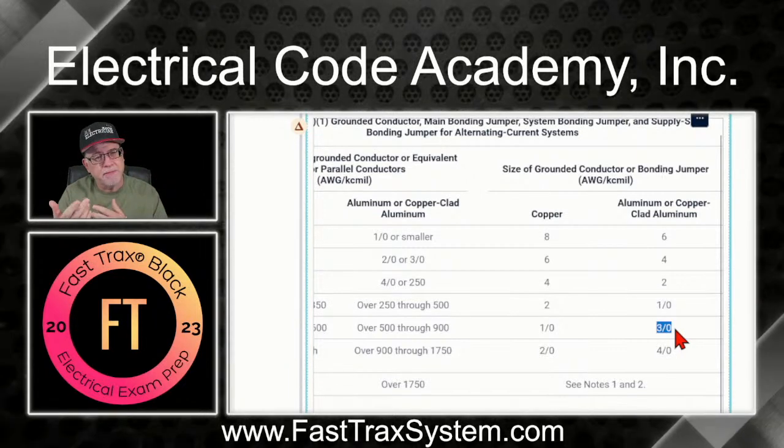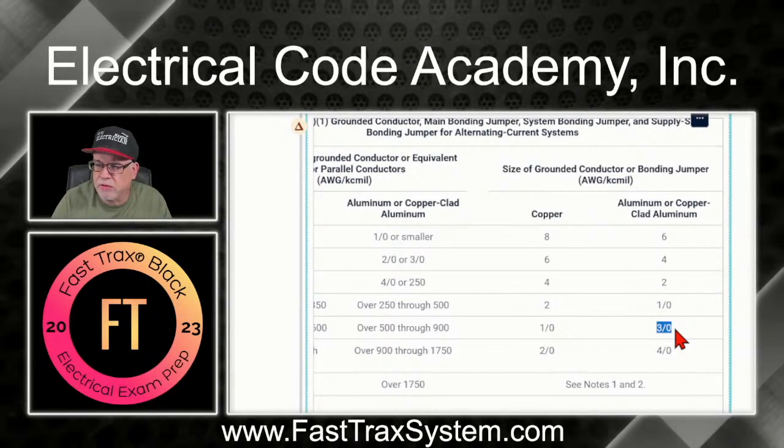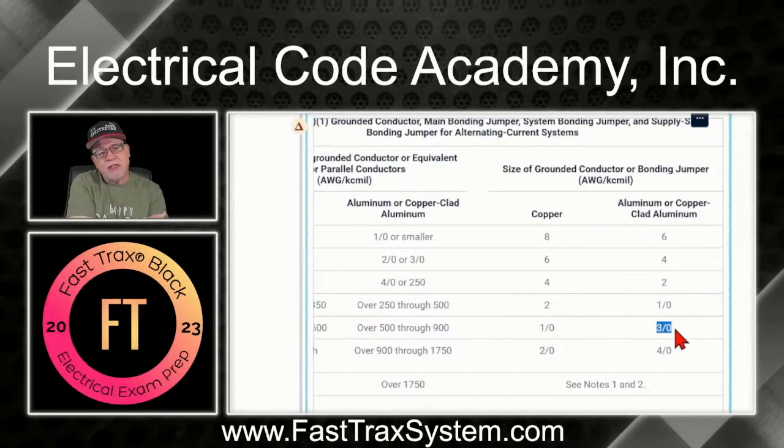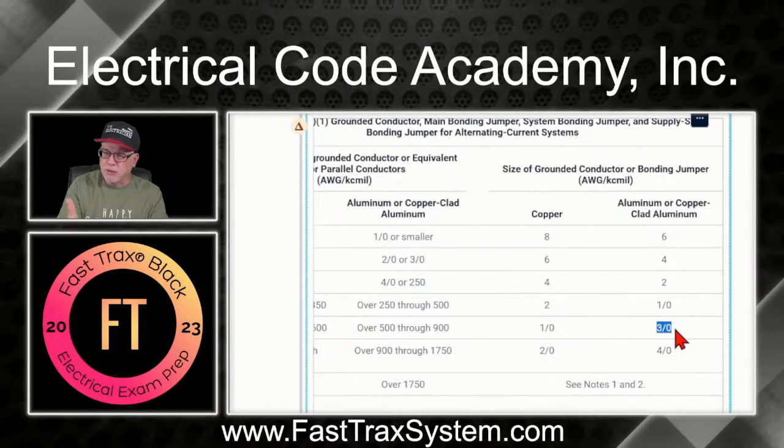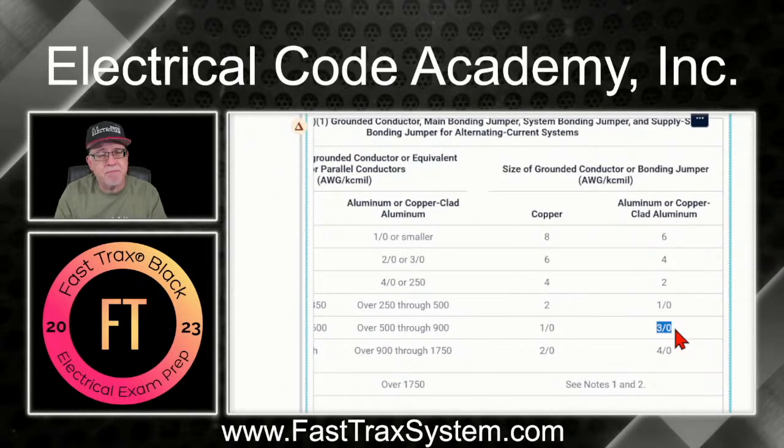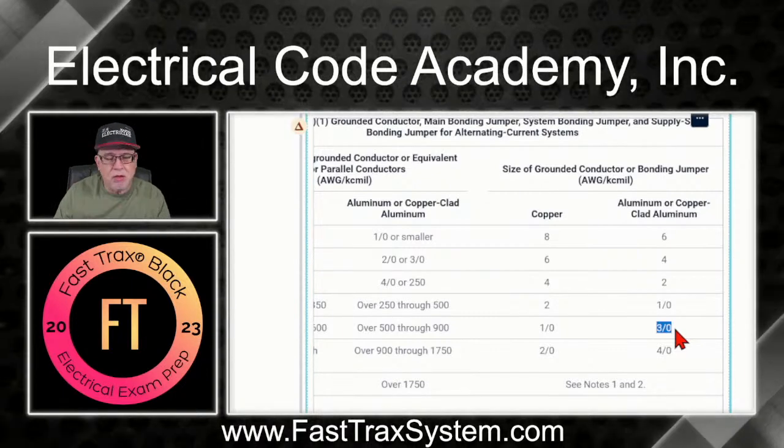So you see how that worked? And that is how we did that scenario. Now, the next question you're asked is, what if I have a single raceway and I've got parallel sets, and what if my parallel sets exceed this table?